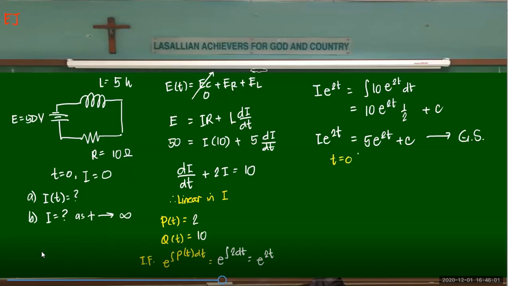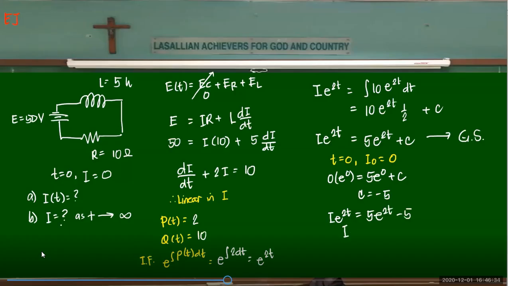It's just the constant of integration. When time equals 0, the current flowing through it should be 0. So that means 0 times e to the 0 equals 5e to the 0 plus C. So C is negative 5. Therefore, I e to the 2t is equal to 5e to the 2t minus 5.